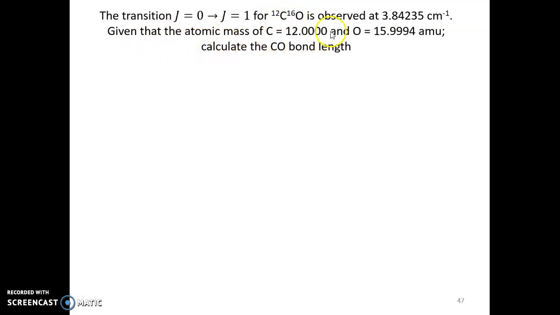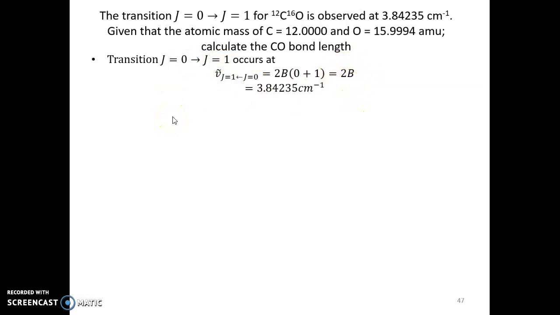Now, given the atomic masses of carbon 12 and oxygen 16, calculate the bond length. We know that when a transition occurs going from J equals 0 to J equals 1, the amount of energy absorbed is 2B. And from the question, that's the value.